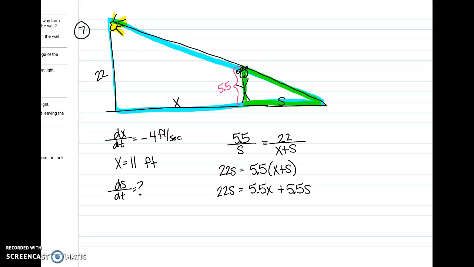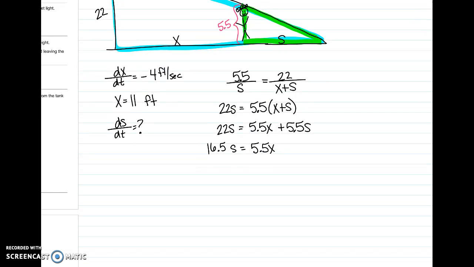Then I can subtract 5.5s from each side, which gives me 22 minus 5.5, which is 16.5. Hope that's right. 16.5s equals 5.5x. Okay, so I've collected my like terms.